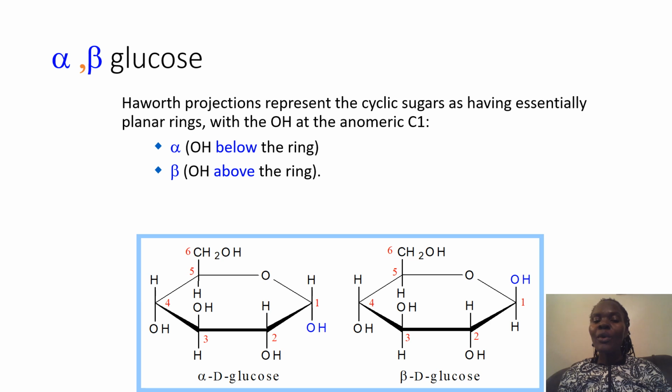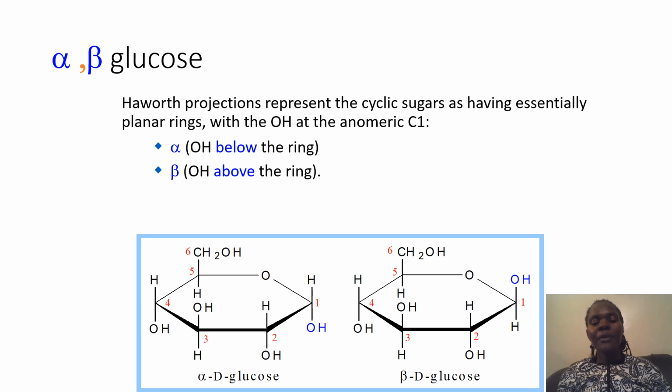So when a teacher or an examiner tells you to draw alpha D glucose or beta D galactose, being that it's mentioned beta or alpha, don't draw a linear form but draw a cyclic form.